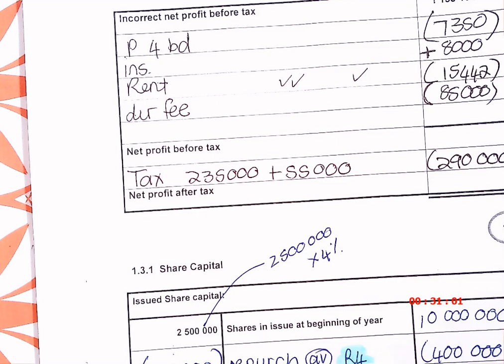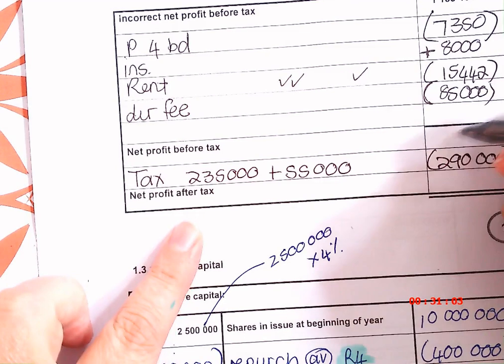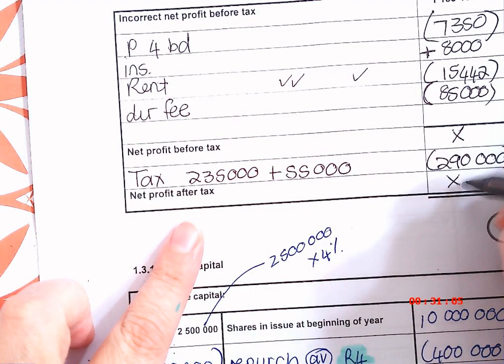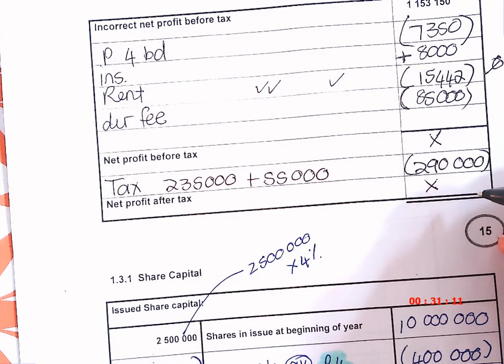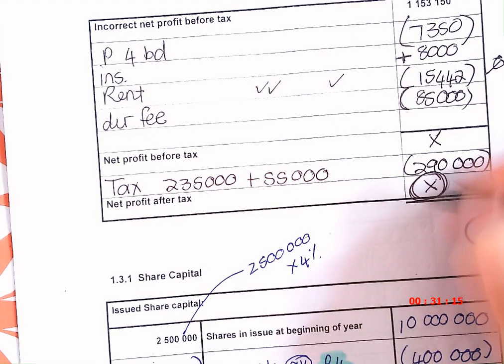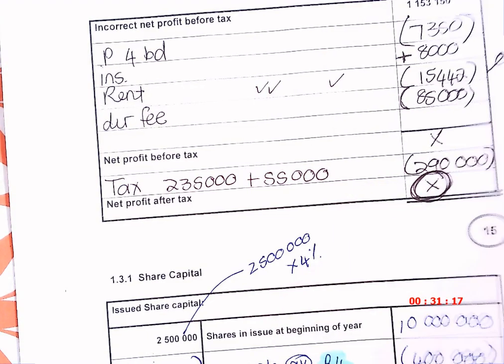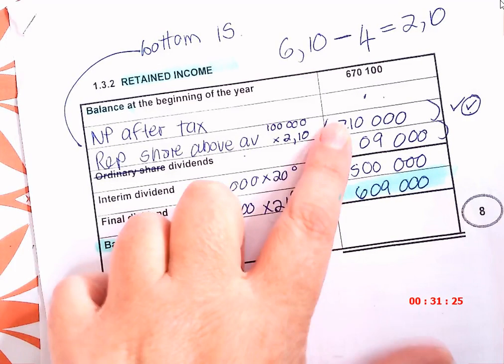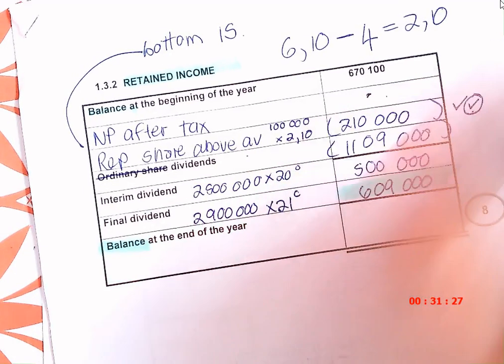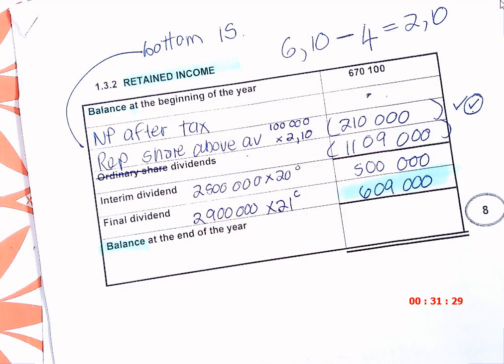Now, you had a total there, and now you get a total here. I am not going to calculate this now because our time is running out. Please listen, don't waste my time. So that X there, that net profit after tax is going to my retained income. It's going here. And it was actually, I do know the amount.